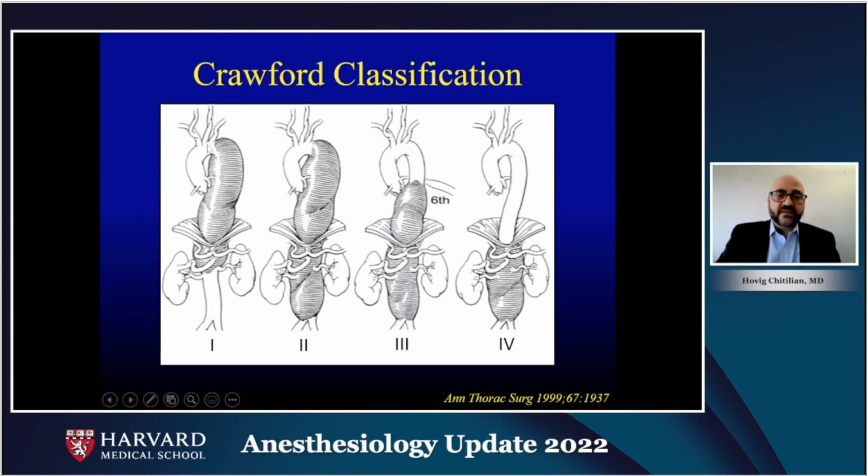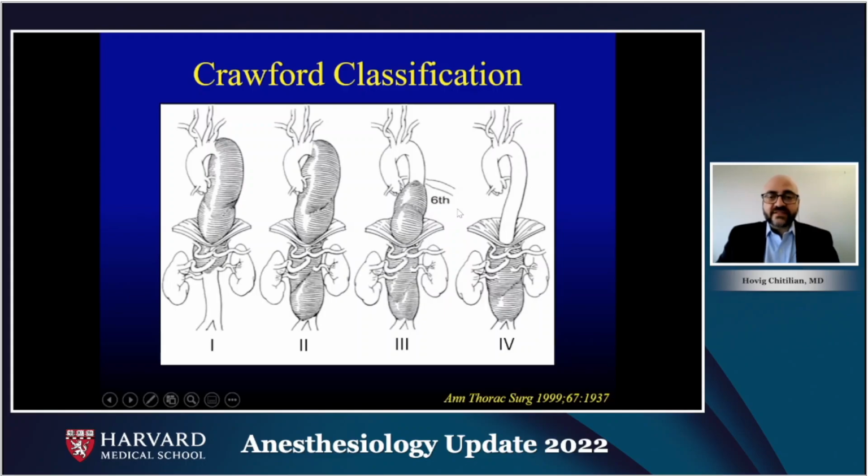Type 1 is aneurysmal dilation of the aorta from just distal to the left subclavian artery, extending all the way past the visceral arteries in the abdominal aorta. Type 2 is the most extensive type of thoracoabdominal aortic aneurysm and essentially consists of dilation of the aorta from distal to the left subclavian artery all the way to the iliac bifurcation.